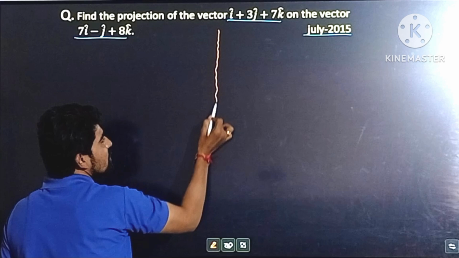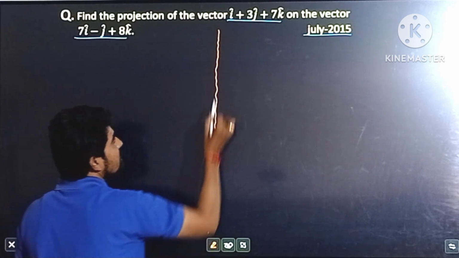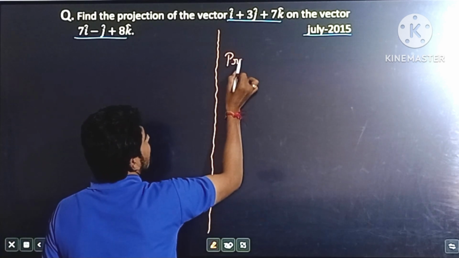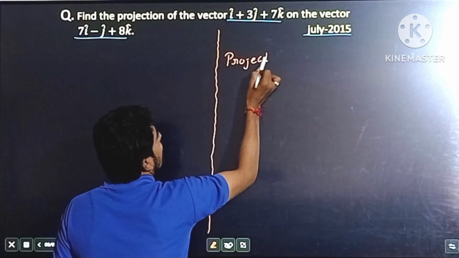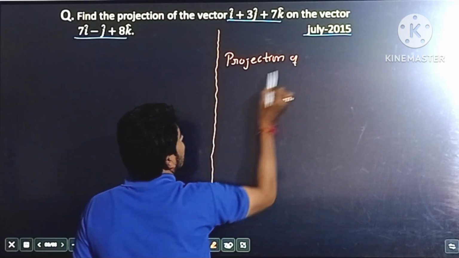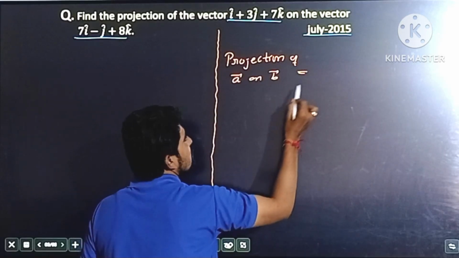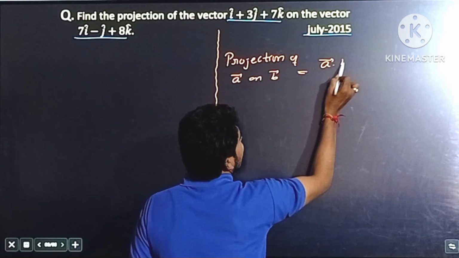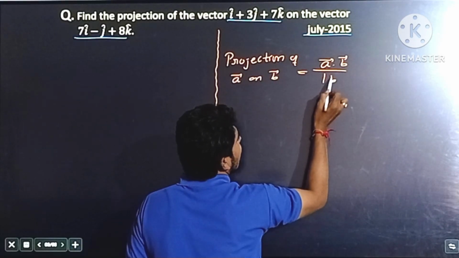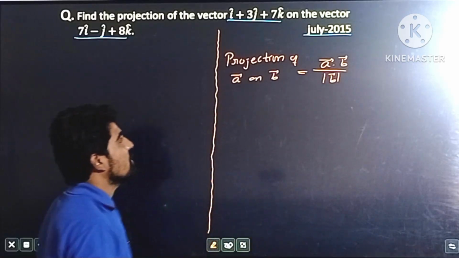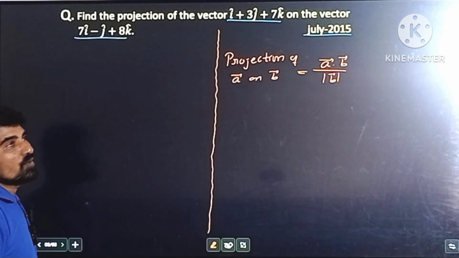We know the formula for the projection of A vector on B vector: A vector dot B vector divided by magnitude of B vector. So we need the values of A vector dot B vector and the magnitude of B vector.